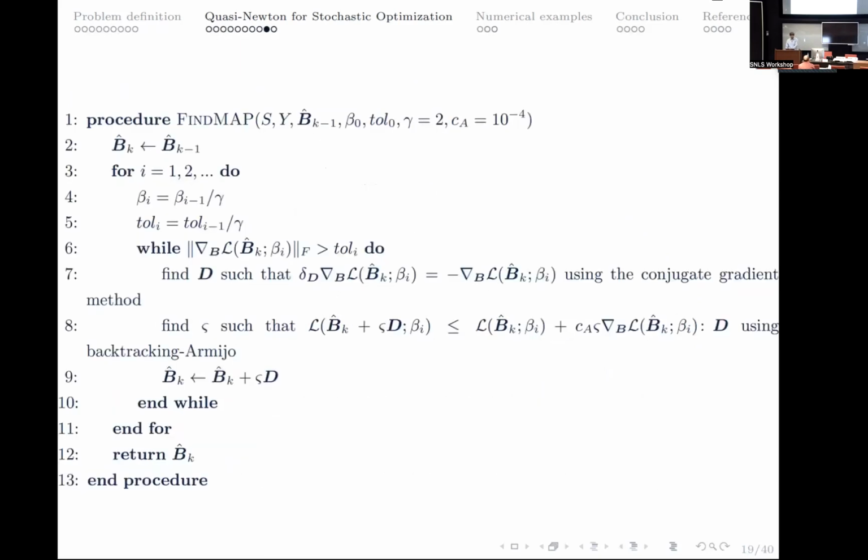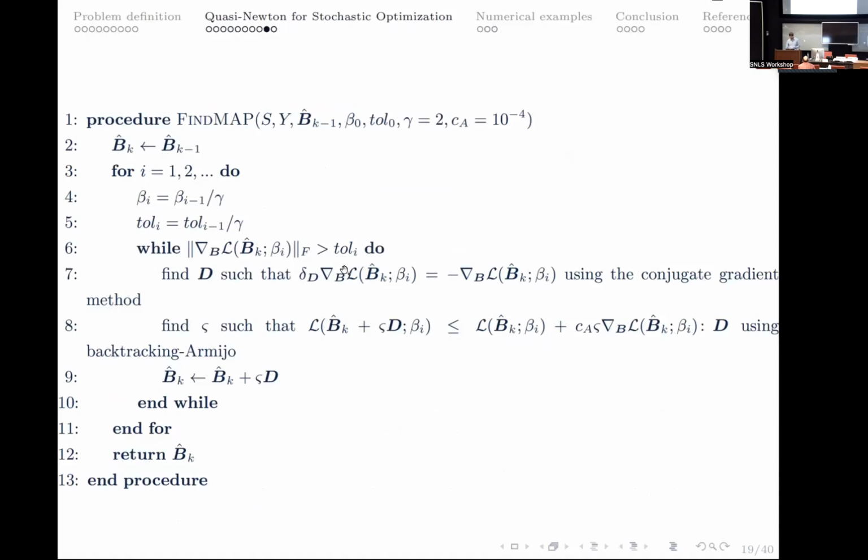What we do here is, you see this term here, the directional derivative. So we do not assemble this Hessian. This would be crazy because it would be a fourth-order tensor of the dimension of the problem.